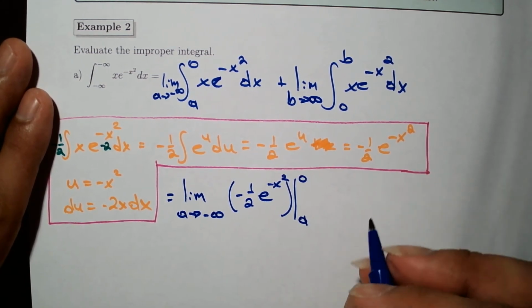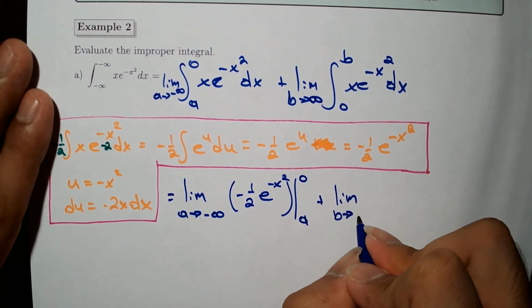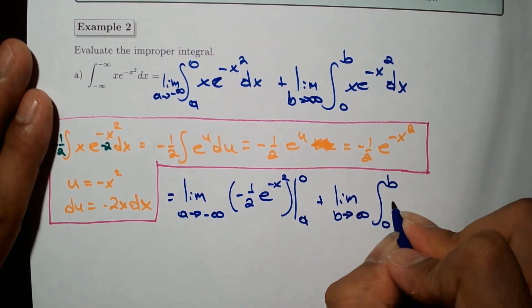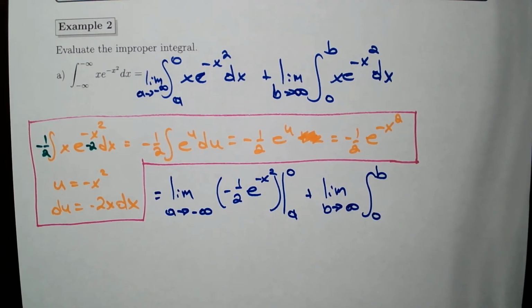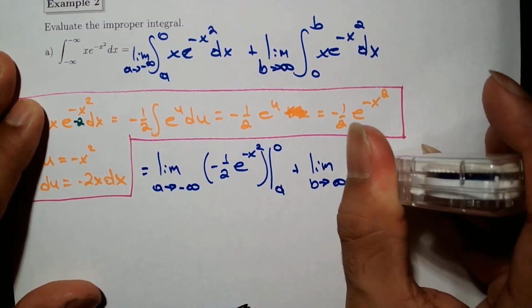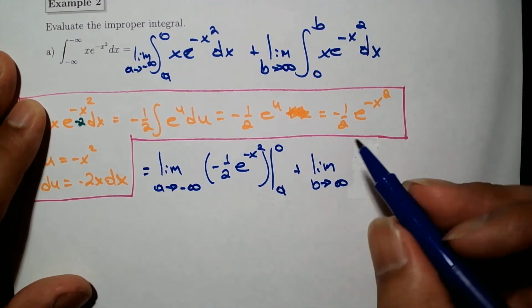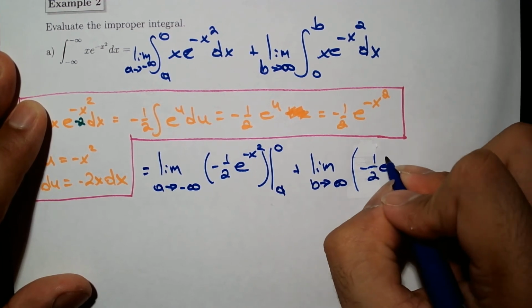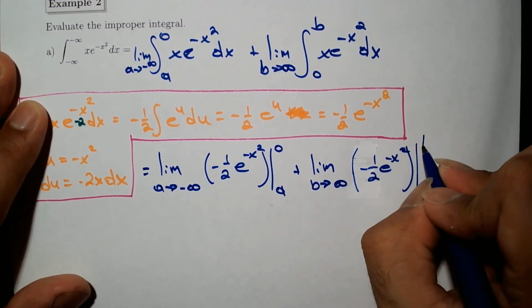On the other hand, we are going to have the limit b approaches positive infinity of, not the integral anymore, let me erase this part real quick, we're no longer integrating, so we're going to have also negative 1/2 e to the negative x squared from 0 to b.